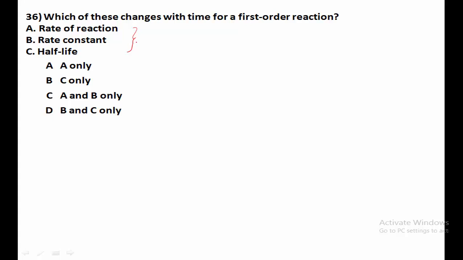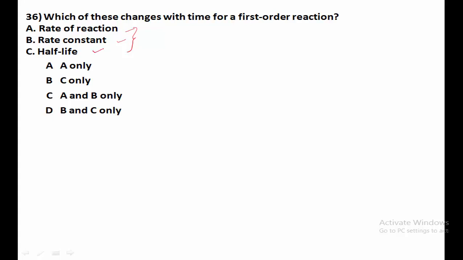If you observe these 3 things, the rate of reaction of course changes with time for a first order reaction, either decreasing or increasing, and the rate constant will also increase or decrease during the reaction with the change in time.